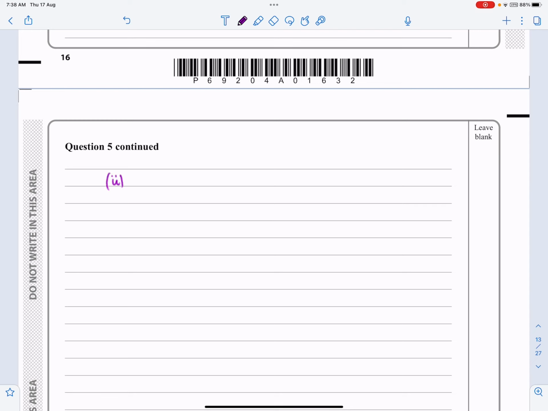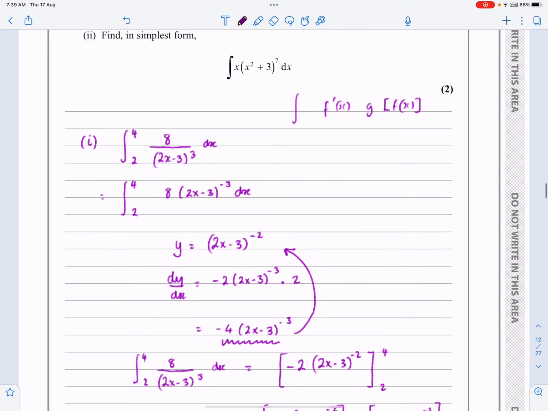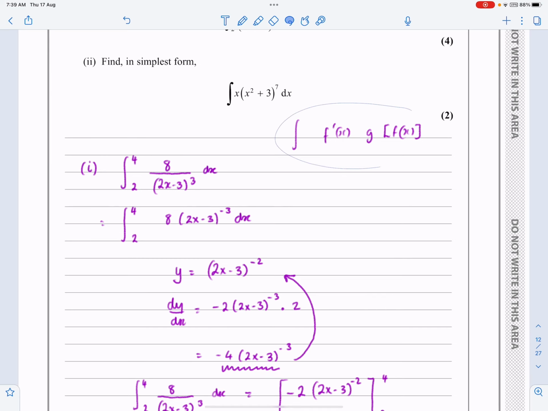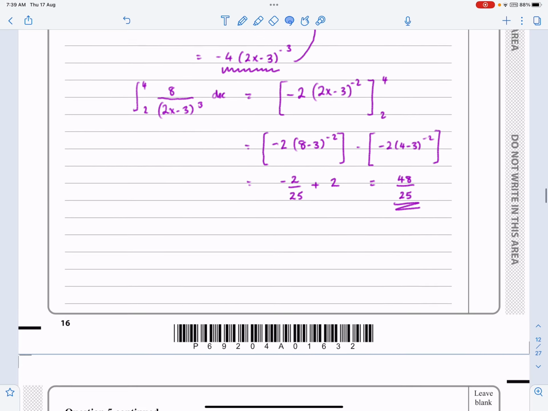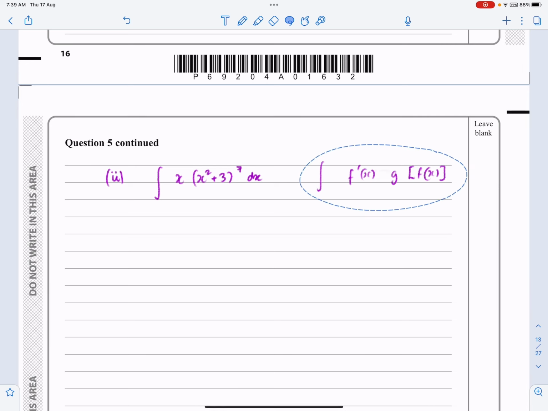which says find in its simplest form the integral of x squared plus 3 to the 7 dx. Let me bring this bit down here again. We've got exactly the same idea again. I've got some function in here, this is my little f of x. The differential of x squared plus 3 is 2x.